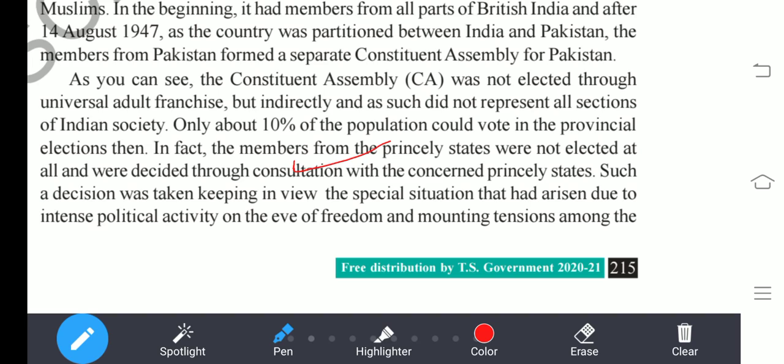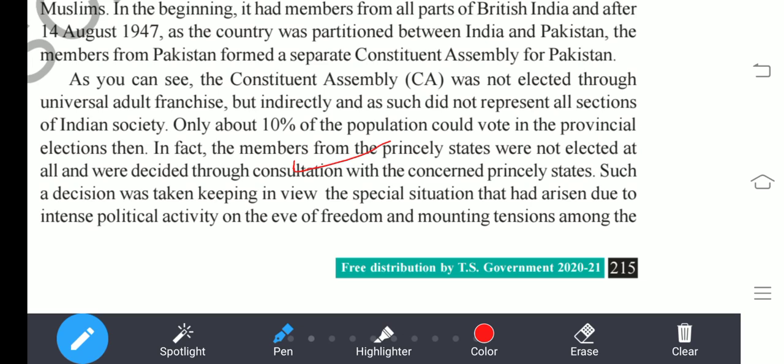So at that time there was a conflict in the princely states, and it was very essential to frame the Constituent Assembly. So elections could not be conducted in that critical situation.